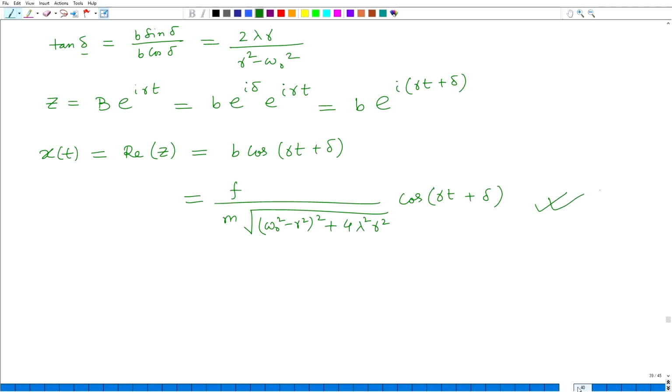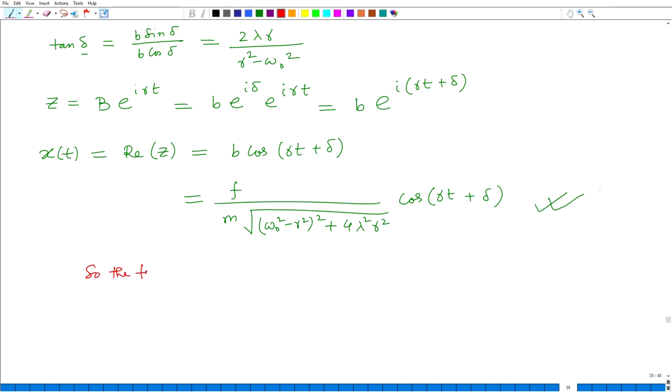However, if you want to keep alive a little bit of the reminiscence of this complementary function in the solution, the best way is to take the case of underdamped oscillation, where your damping coefficient is less than the natural frequency, and that is exactly what we will see here when I write the final solution.